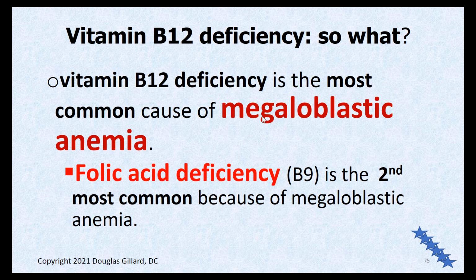And yeah, so then you get an anemia, specifically megaloblastic anemia, which has two subtypes. A vitamin B12 deficiency is the most common type of megaloblastic anemia, but a folic acid deficiency, or vitamin B9 deficiency, can do the same thing.